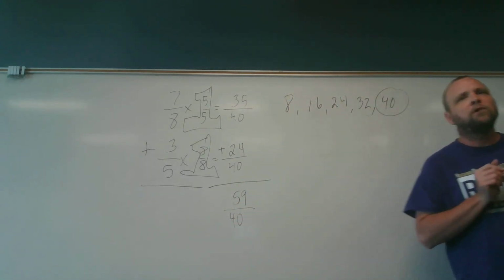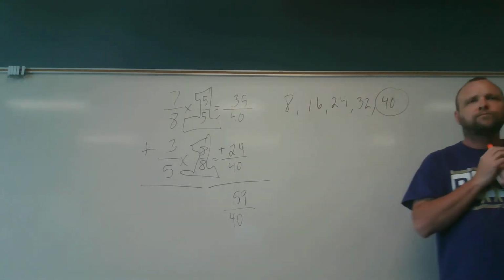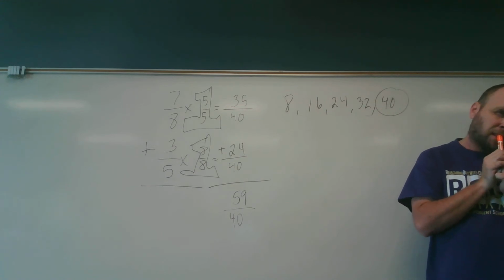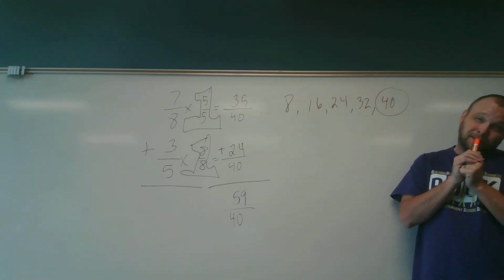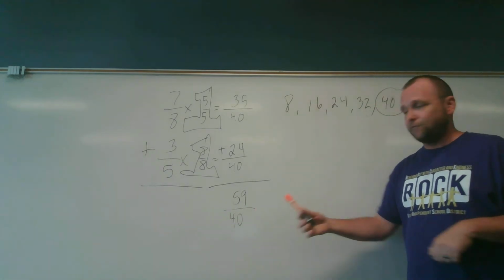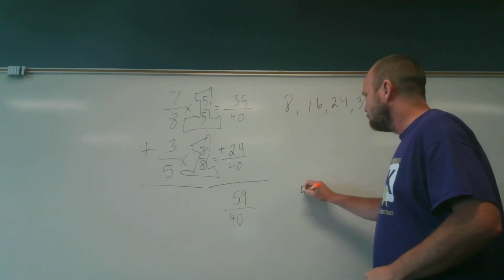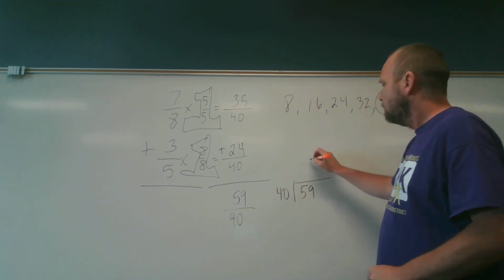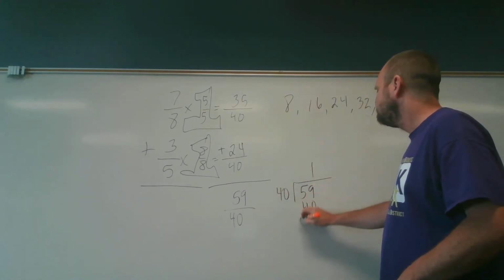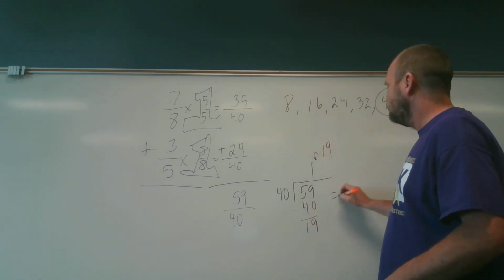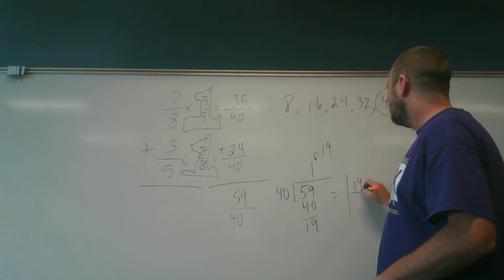And how do I fix that, Paul? Excellent. I divide, because what this says is 59 divided by 40. So I do 59 divided by 40. It's going to go in one time. I'm going to subtract. I'm going to get 19. 1 remainder 19 is 1 and 19/40ths.